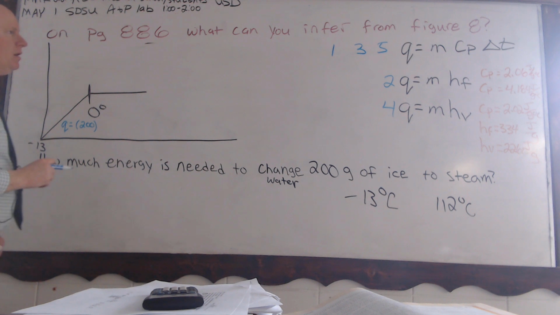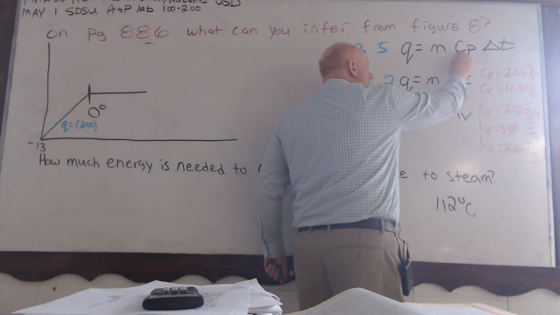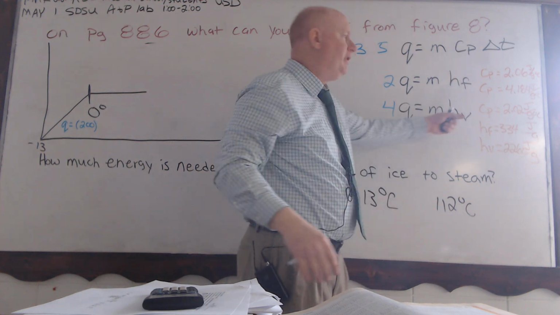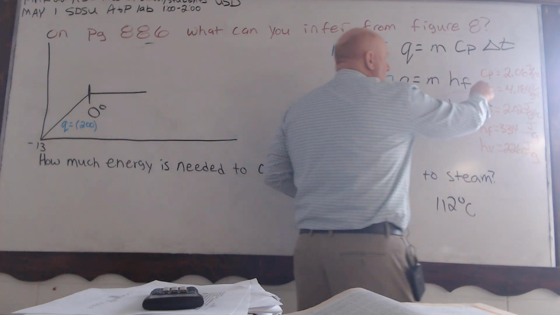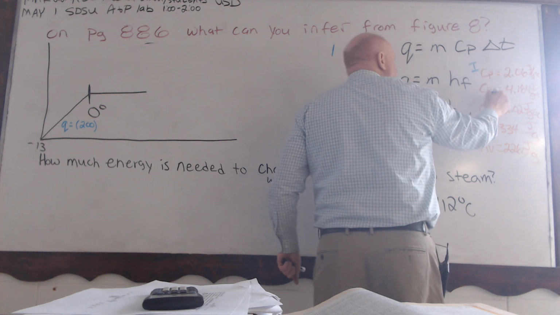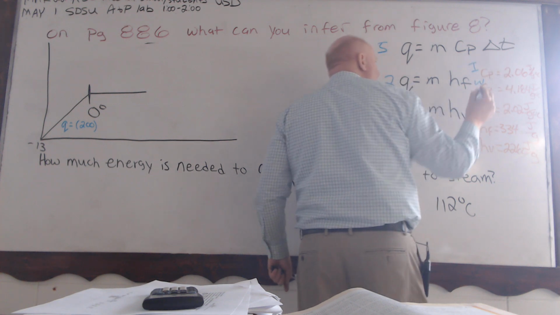So then the specific heat, where do we see this variable in this mess over here? Well, these top 3. And we put these in order. This is the specific heat for ice. This is the specific heat for water, and that's the specific heat for steam.